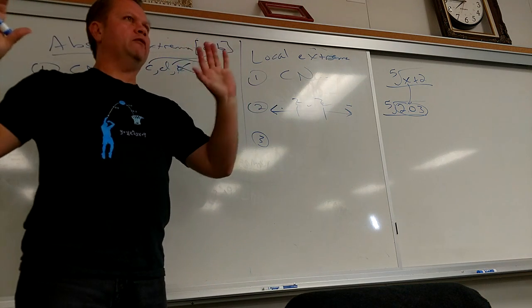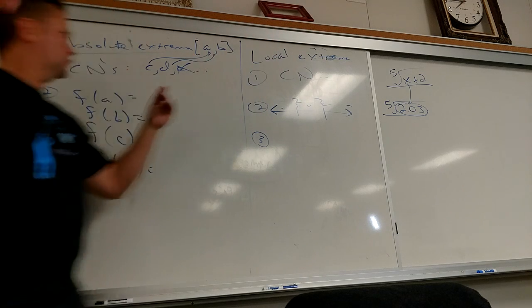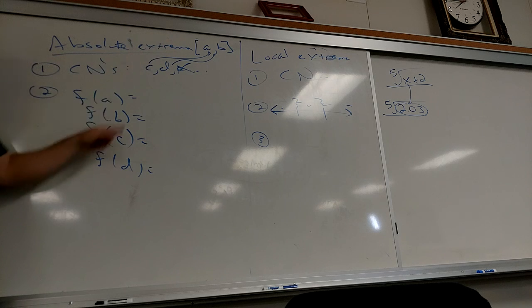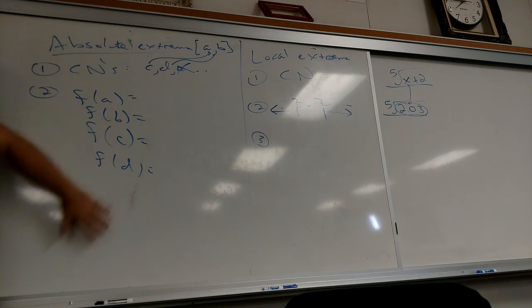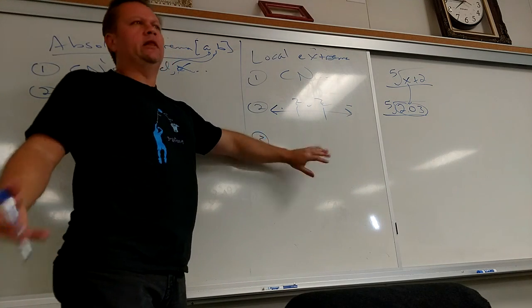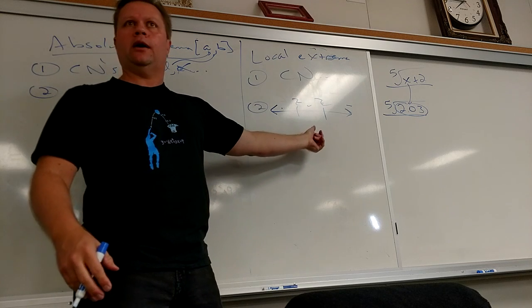So there are definitely a few more steps. It's a little more conceptual. This is pure brute force. Find these, plug those in, and the ones that are in there, just see who wins. Brute force versus conceptual. That's why this one is normally a little bit harder, but at this point it shouldn't be that bad.